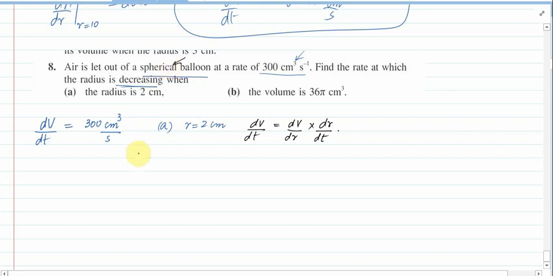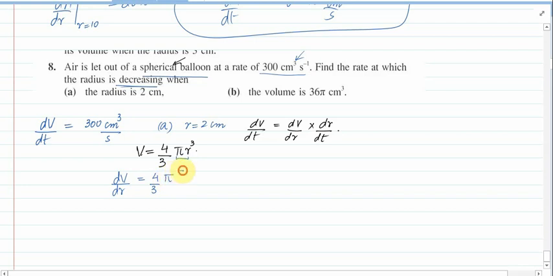So volume of a sphere is 4 divided by 3 pi r cube, right? For dV upon dr, I need to derivate it. So dV divided by dr equals 4 upon 3 as it is. When you derivate, only r cube is affected. In fact, 4 upon 3 pi works as a coefficient.